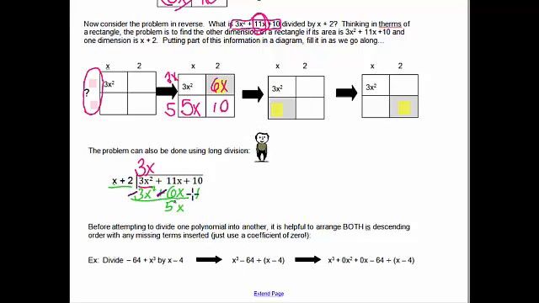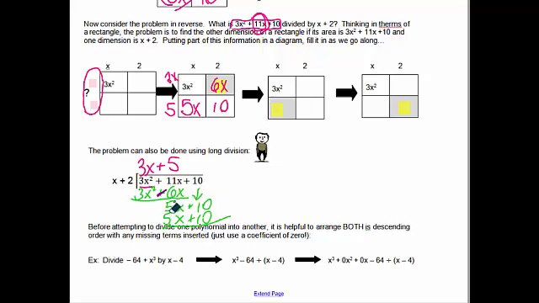I bring down my 10, that's a plus 10, and then I divide again just the first term, x, into 5x. So how many times does x go into 5x? Or 5x divided by x is simply 5. Now again, I will multiply 5 by the entire binomial. So 5 times x is 5x. 5 times 2 is 10.